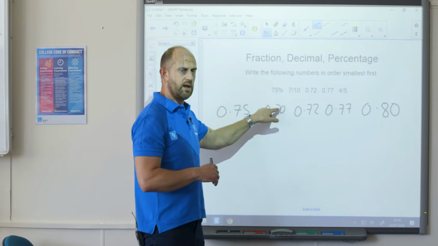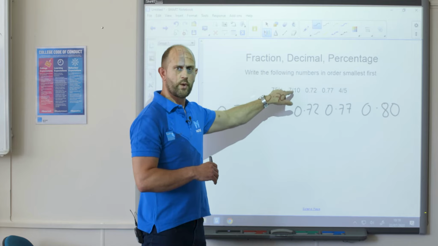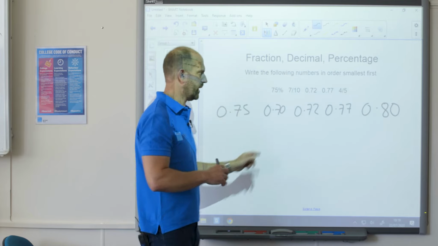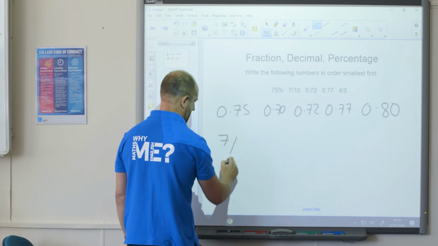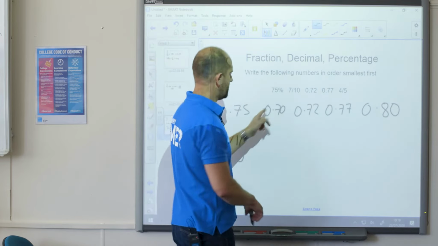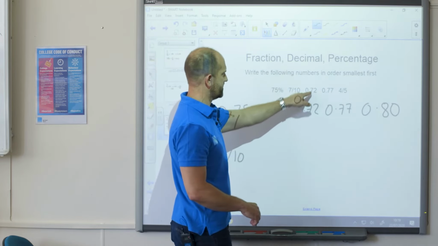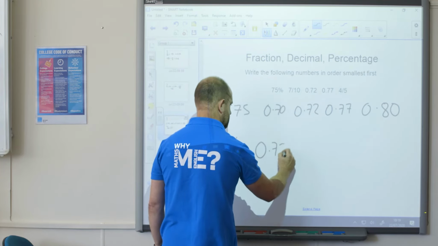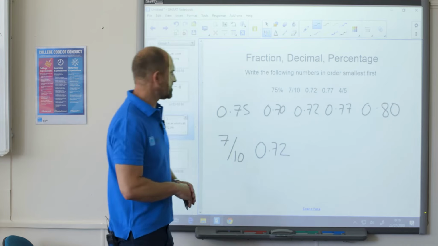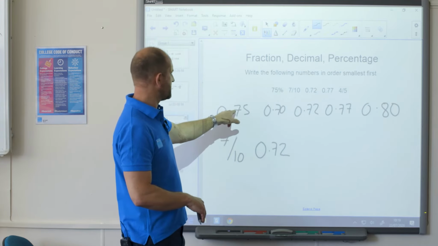Now at this point I must go back to what the original question asked me, to put them in the correct order. So my smallest value then is 7 over 10. My next smallest then is 0.72. Well, that was a decimal in the beginning, so I can leave it as a decimal. My next smallest then is 0.75.